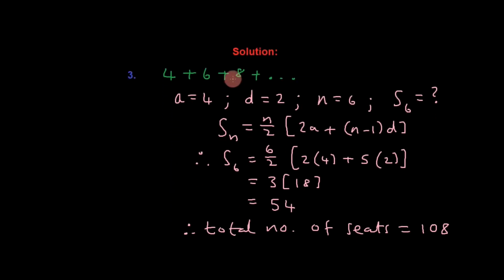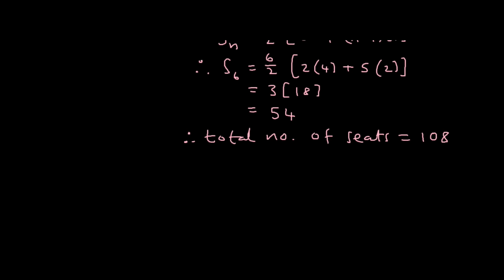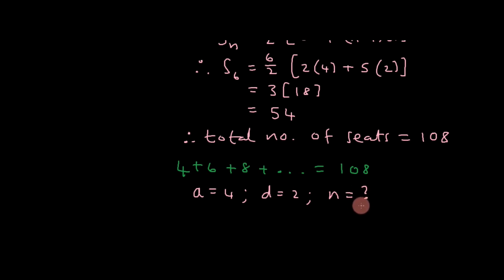So essentially, we're dealing with the same series, but this must add up to 108. In other words, we need to find 4 plus 6 plus 8, etc. equals 108. We need to find the number of terms here. So once again, we have a is 4, d is 2. We don't know n, in this case, the number of minutes or the number of terms.